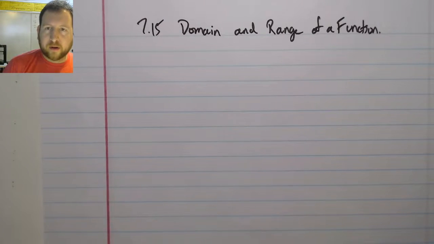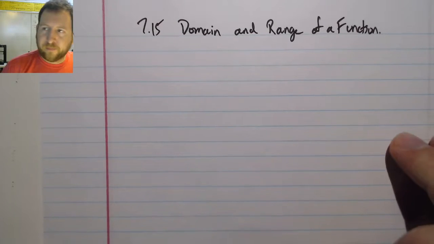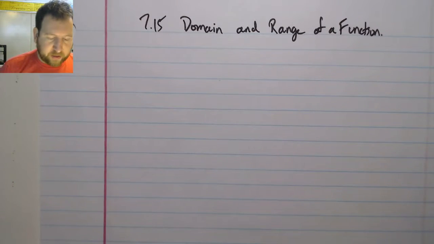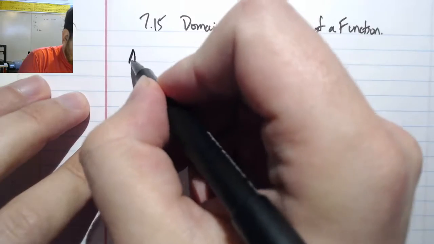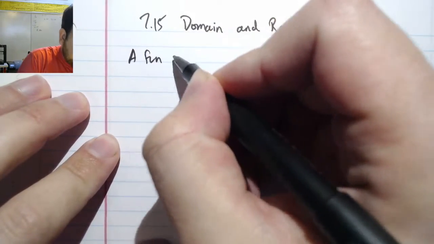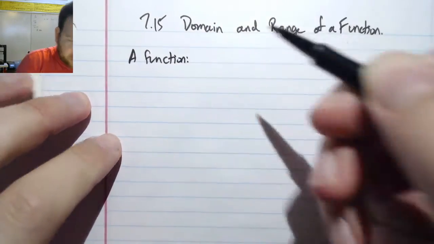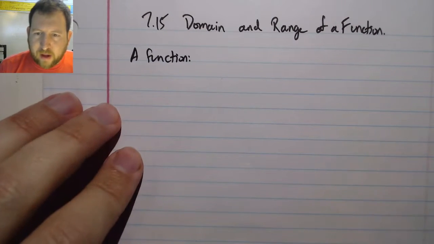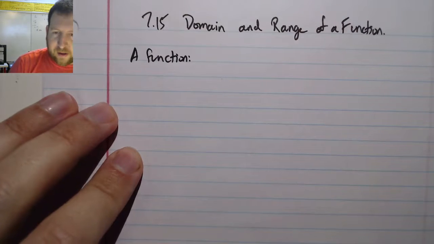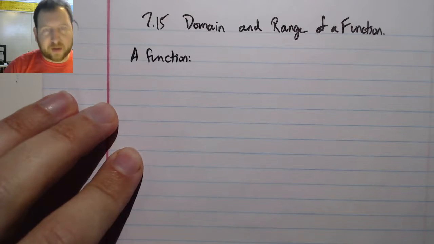Alright, today we're going to go on to 7.115 called domain and range of a function. So first let's talk about a function. A function is something that maps elements of one set onto another set.